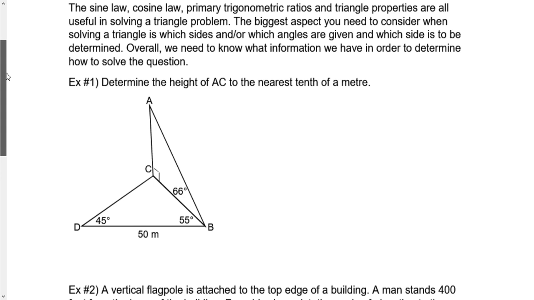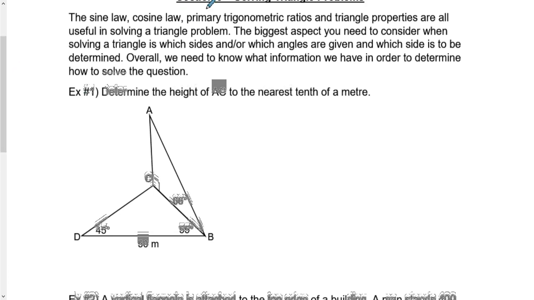So in our first example, we're going to determine the height of AC, which means we need to find out what that side is. Well, we're going to have to know a few other things.